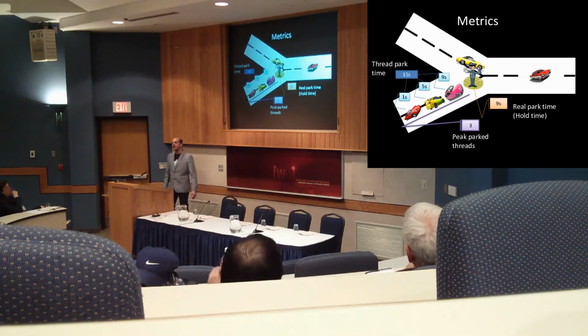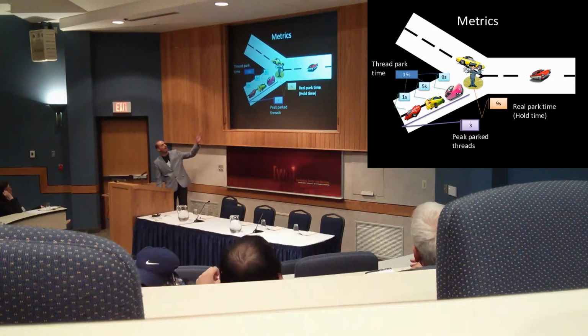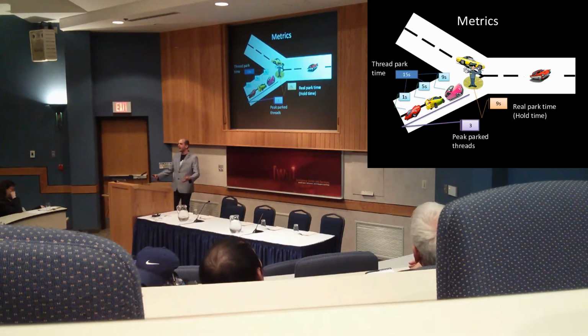This is the maximum number of threads that had to wait for that particular lock. So the traffic reached its maximum at some particular point. Well, how long was that? In our case, it's 3. We also keep the real parking time, which is equivalent to the holding time, and it's for how long the lock was held by some of the threads that are passing. Because while a thread is passing through the intersection, it actually has the lock.